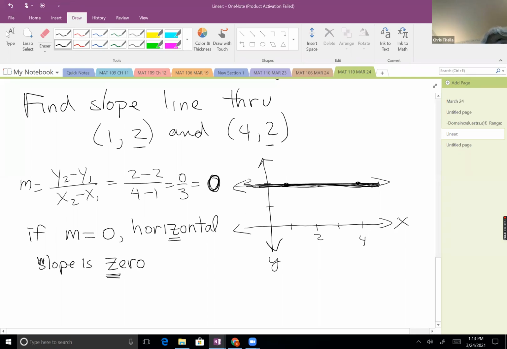As I look at this being horizontal, because the y values never change, and the y values are the function values, we're also going to say that if the slope is 0, we have a constant function. We looked at this as f of something. f of 0 is 2, f of 1 is 2, f of 2 is 2, f of 3 is 2. That function value is always the same.